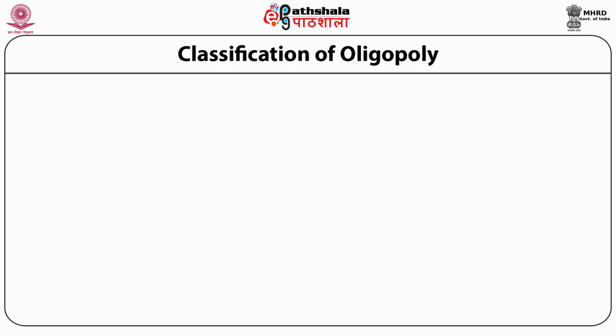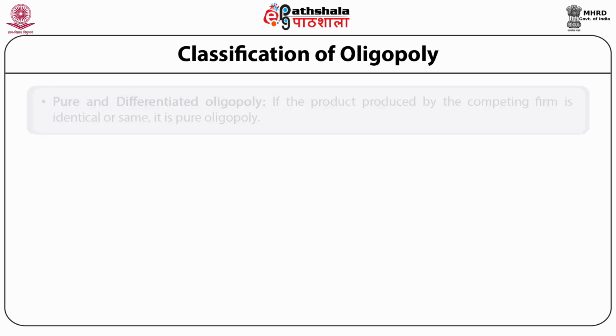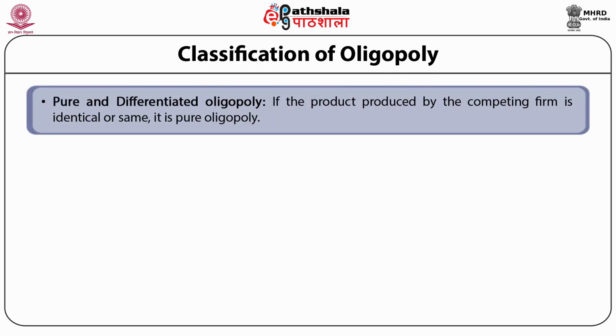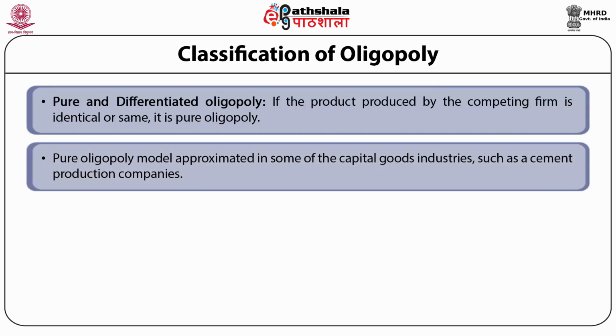Now we are coming to the classification of oligopoly. First of all, pure and differentiated oligopoly. If the product produced by the competing firms is identical or the same, it is pure oligopoly. The pure oligopoly model is approximated in some of the capital goods industries, such as cement production companies.